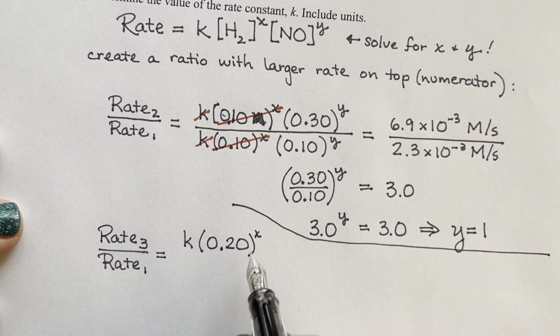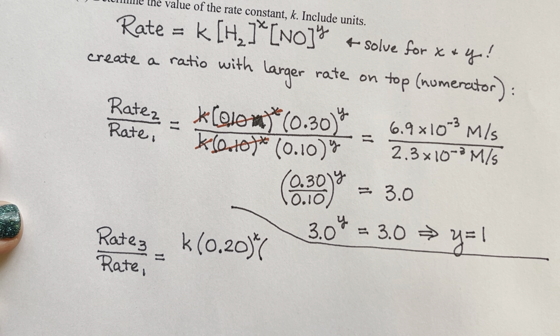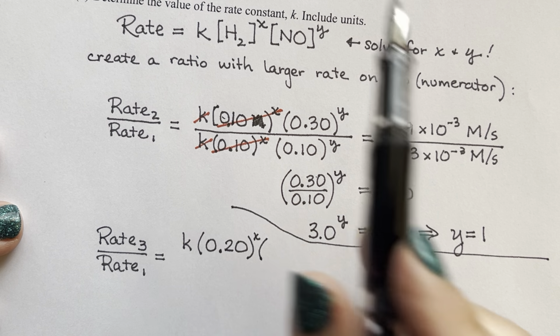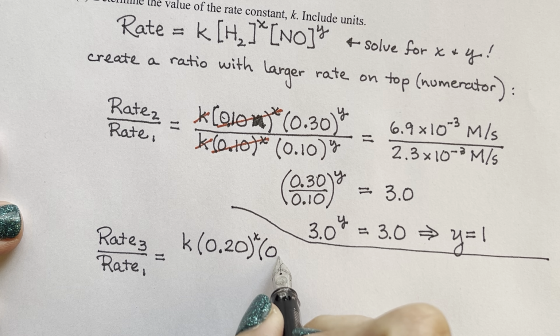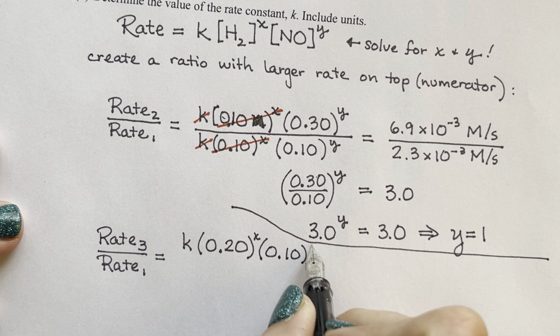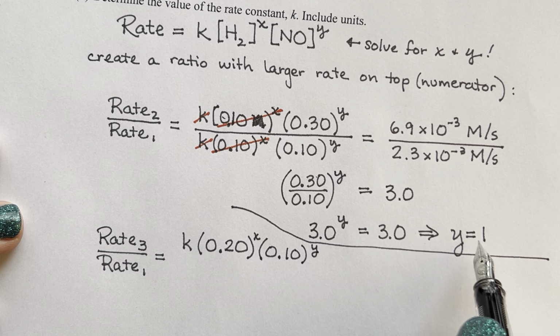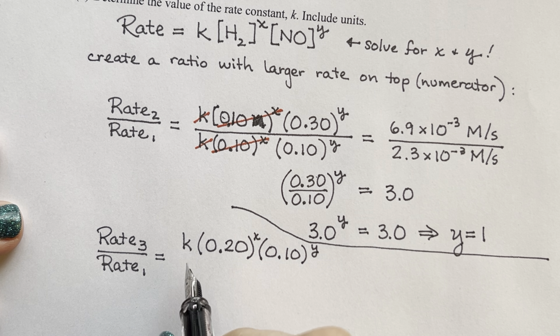Then we can put in the concentration of NO. Experiment 3 is 0.10. That's raised to the y, which actually we know what y is, so I could even put in the 1 there if I wanted to.